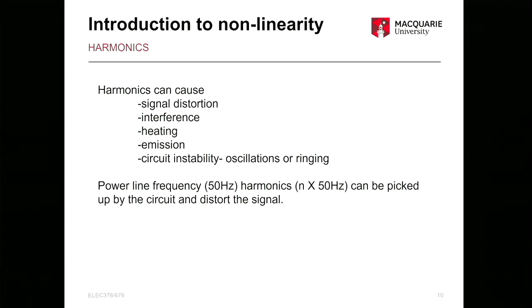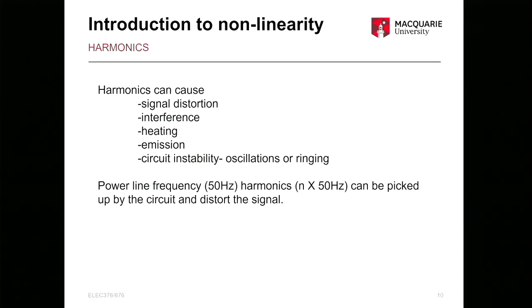That is called electromagnetic interference, and it is quite bad when you have sensitive applications like medical applications, defense, and quite sensitive equipment like space electronics. So all this interference is quite bad. So the harmonics can cause this interference.